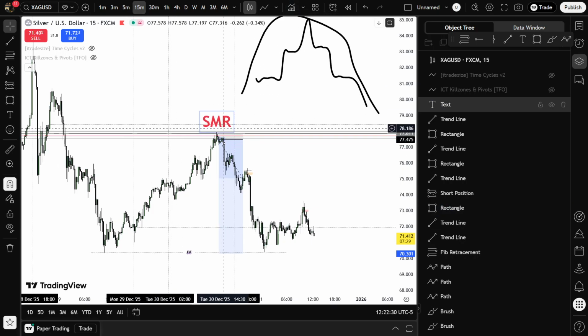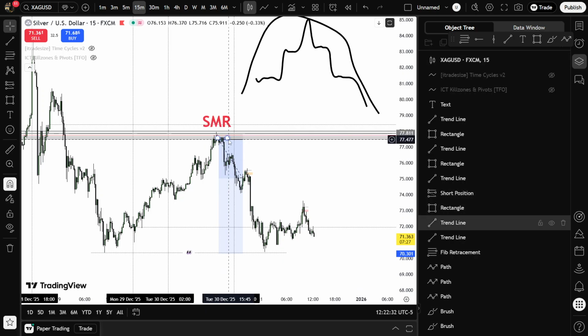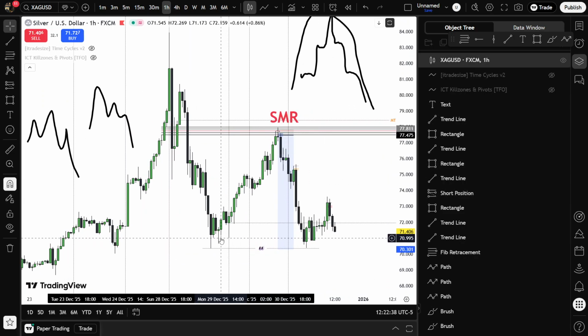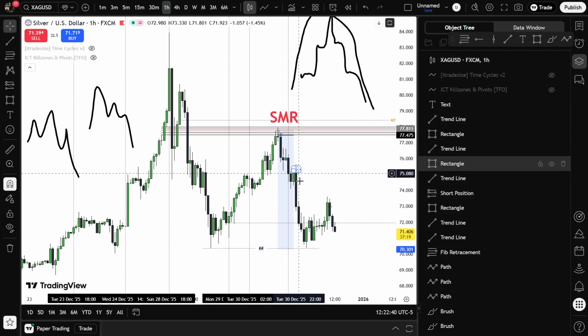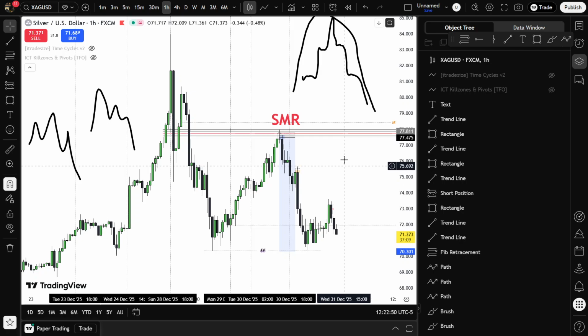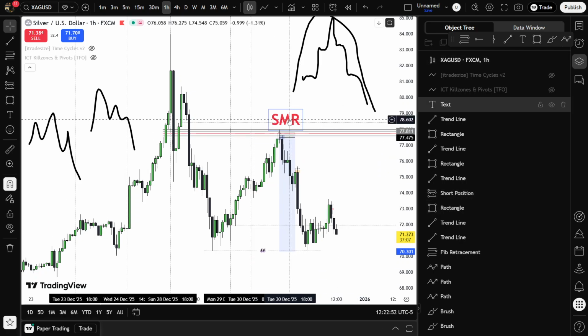So the SMR itself was our smaller time frame market maker model, right? You can see the 1 hour market maker model is this run up, this run down. These 1 to 3 candles to the downside were our 3-minute market maker model. But on the 1 hour time frame, these 3 candles were just the smart money reversal of the 1 hour market maker model.